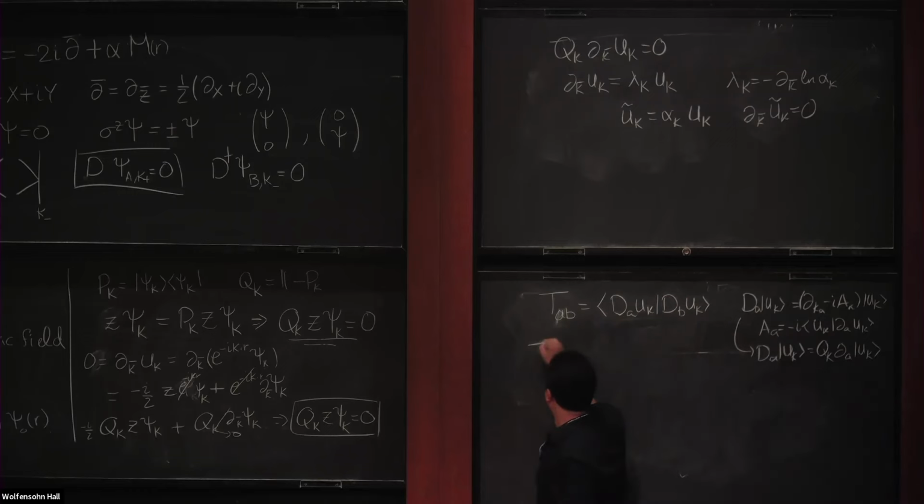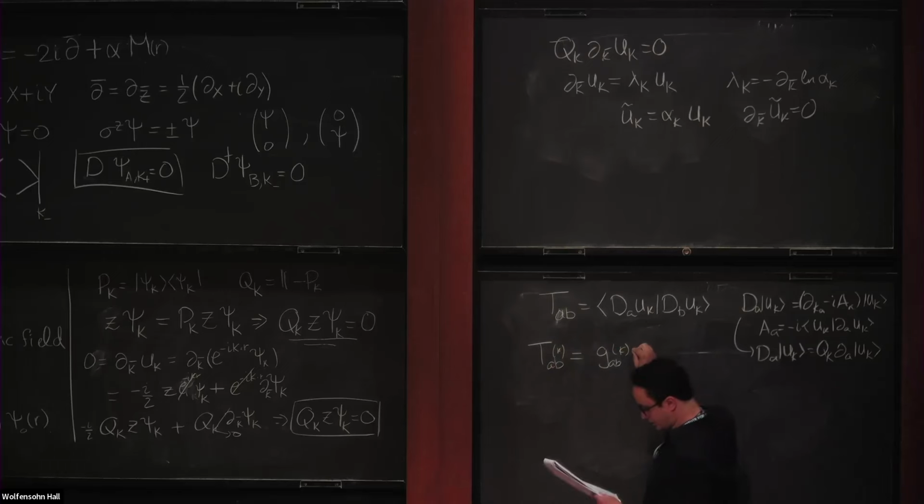I can decompose this complex Hermitian matrix into a real symmetric part and an imaginary anti-symmetric part. So this is all k-dependent, of course. Let me make sure about the convention.